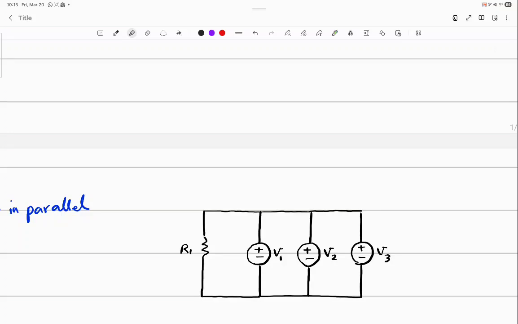Let me see if I assumed any value for those. No. It's not a bad idea to write some values for these. For example, let's say this is 5 volts, 2 volts, and 3 volts. Okay? How can I simplify this circuit?